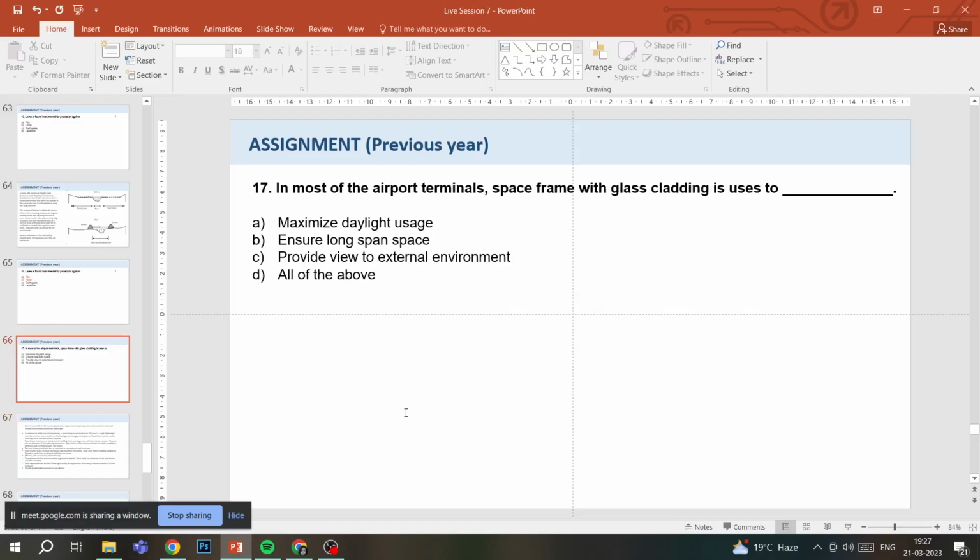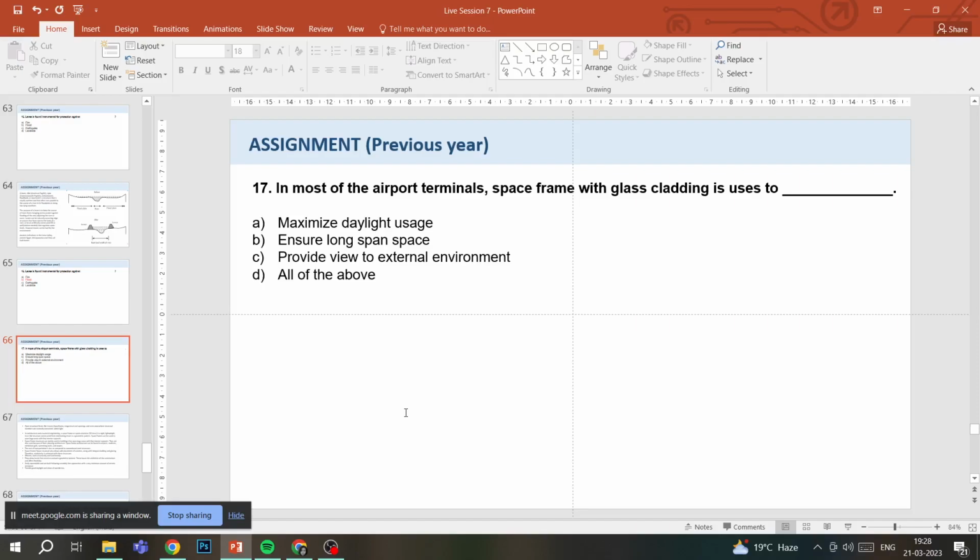So our question was that in most airport terminals, space frames are used along with glass claddings, and why they are used. What do you think are the main important reason? So I think the most important reason would be ensuring long span spaces without obstructive columns, because in airports it's very important to have those kinds of spaces. Then maximize daylight usage, of course.